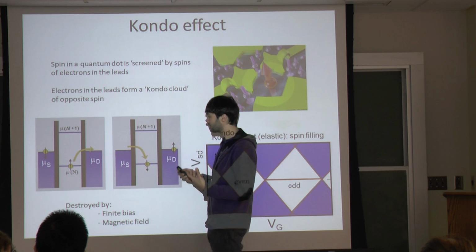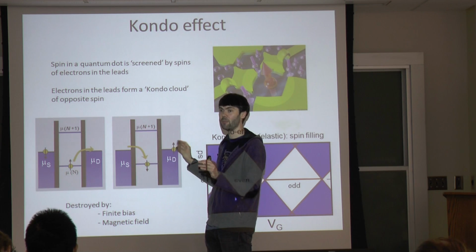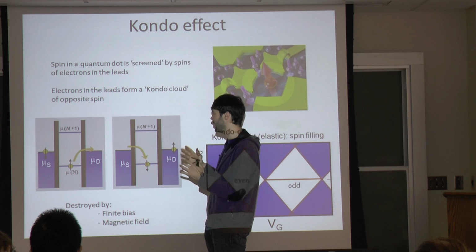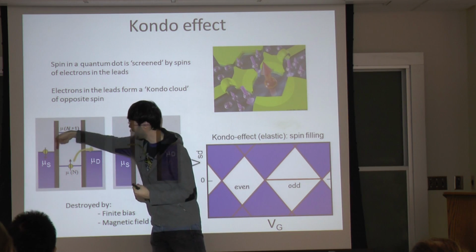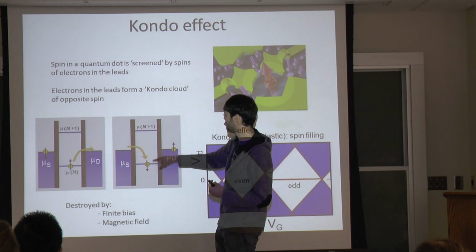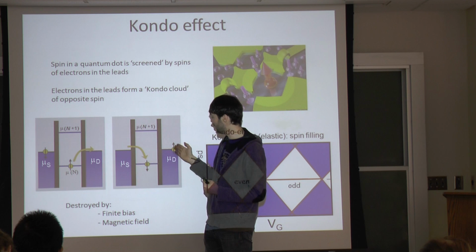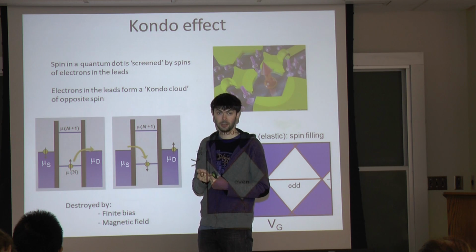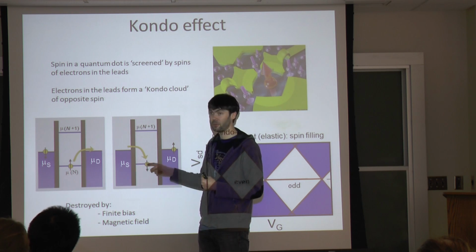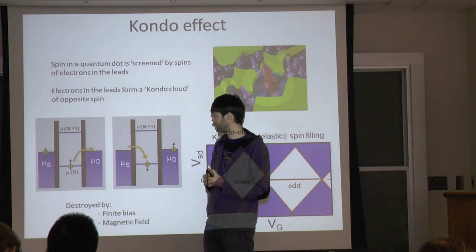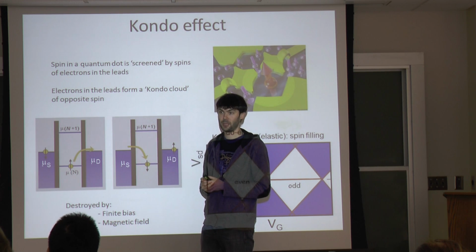And then if you open up these barriers a bit, it doesn't happen when they're too closed. But if you open them up a bit, you allow this co-tunneling process where a spin-down electron jumps on, and at the same time the spin-up electron jumps out. So you're not allowed to go, but you did transport an electron through this quantum dot. But you also flip the spin. Now, this happens to be the lowest energy process that you can have.